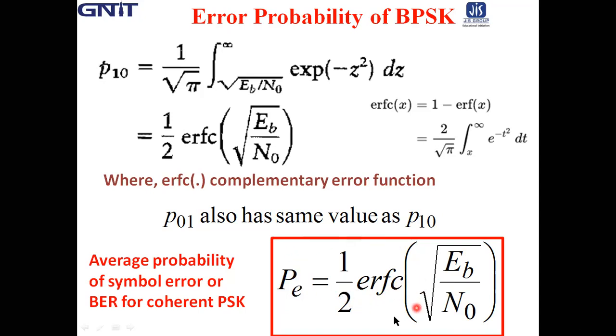So this is the average probability of error for a BPSK signal.